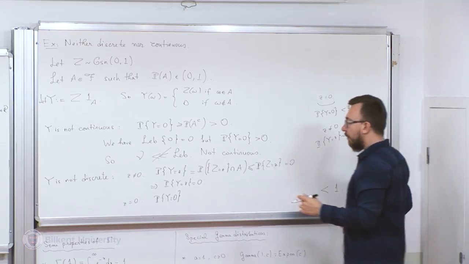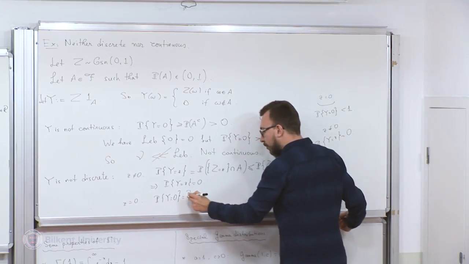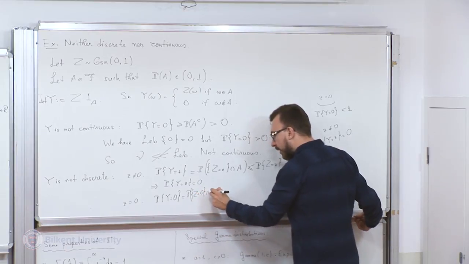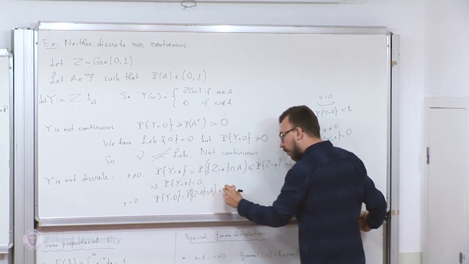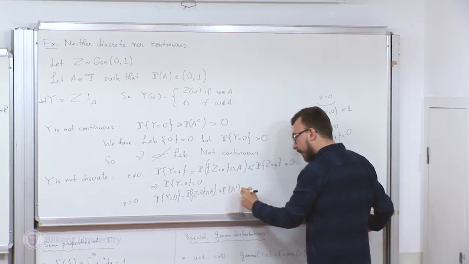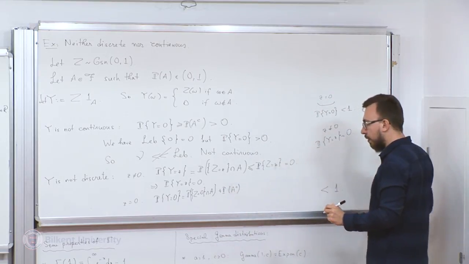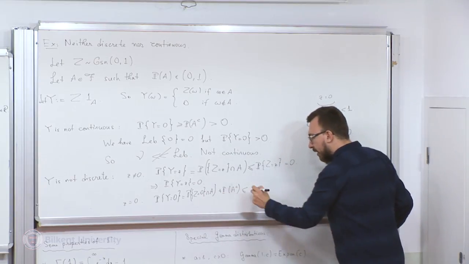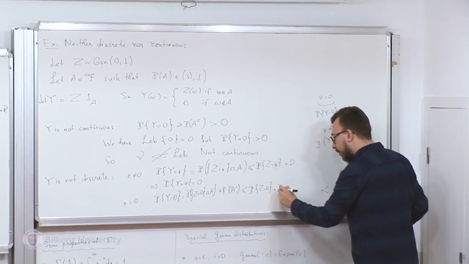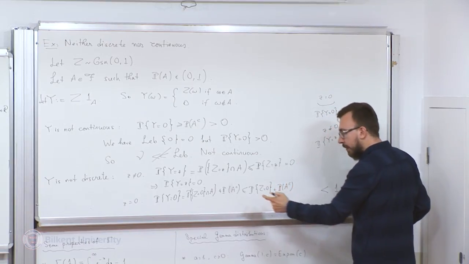First of all, Y equals 0 can happen in two cases: either Z equals 0 and we are in A, or we are in A complement. Well, this is less than or equal to the probability of Z equals 0 plus the probability of A complement, right?